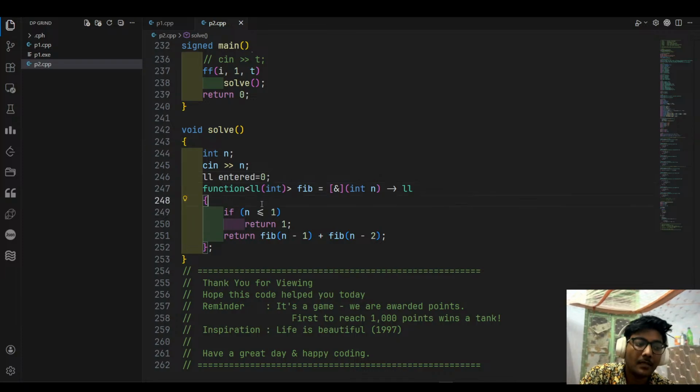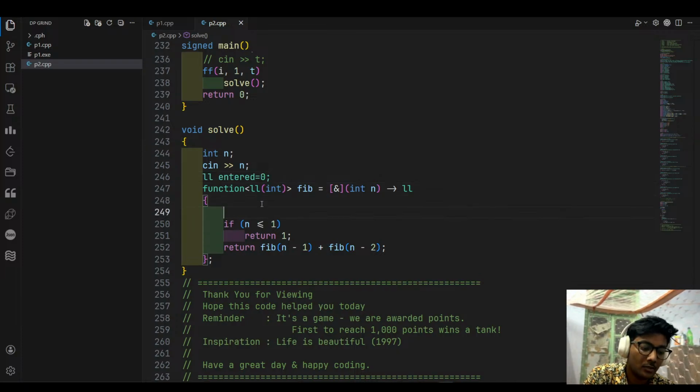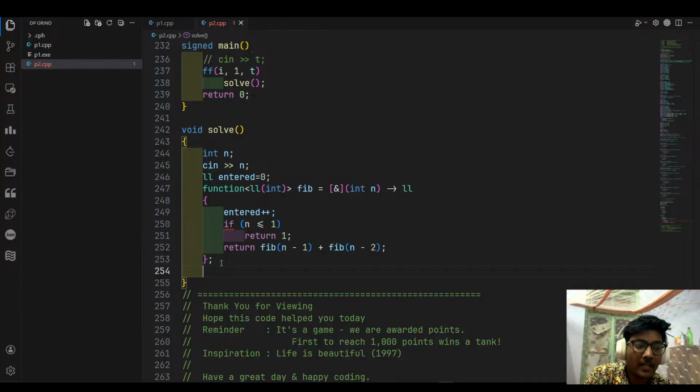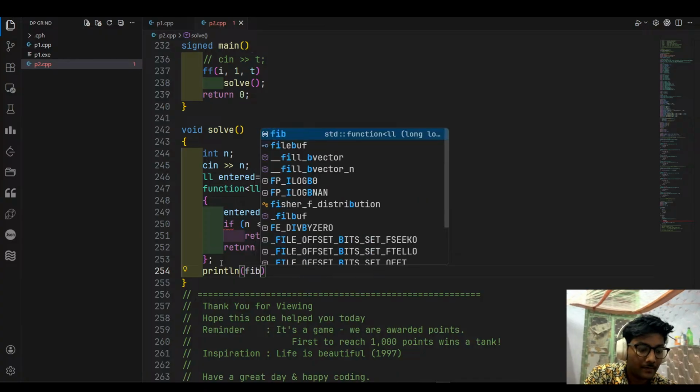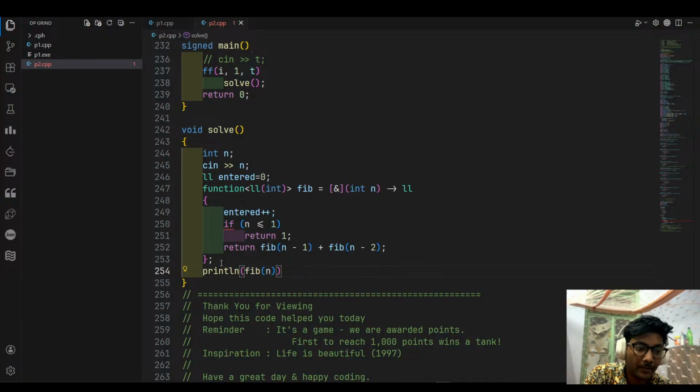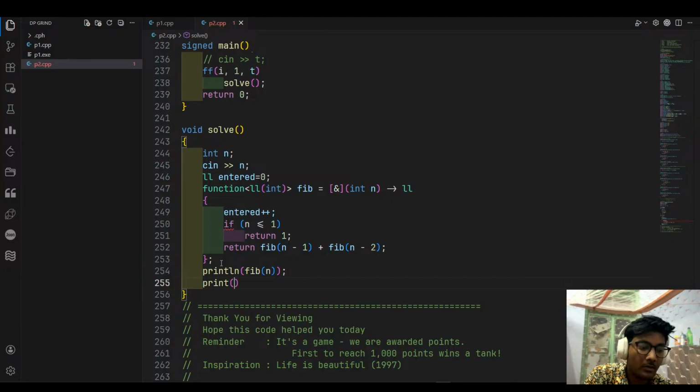And every time I enter a function, I can say entered plus plus. So we will try to calculate, print the fib of this n. And after printing this, I also want to print the number of times I have entered my function, right?